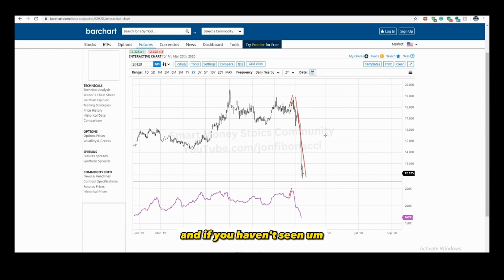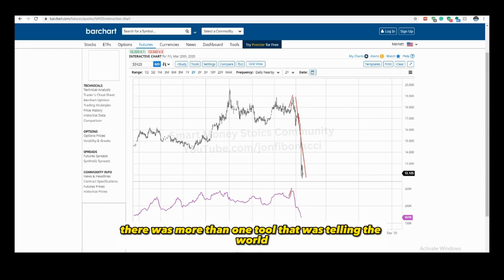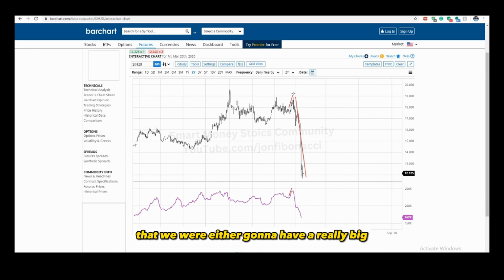If you haven't seen any of our divergence streams, you've got to catch up on that. So here, you just got to take my word for it. But yes, there was more than one tool that was telling us the market was going to have either a really big movement higher from this drop in open interest or a really big move lower from this increase in open interest at a logical area.